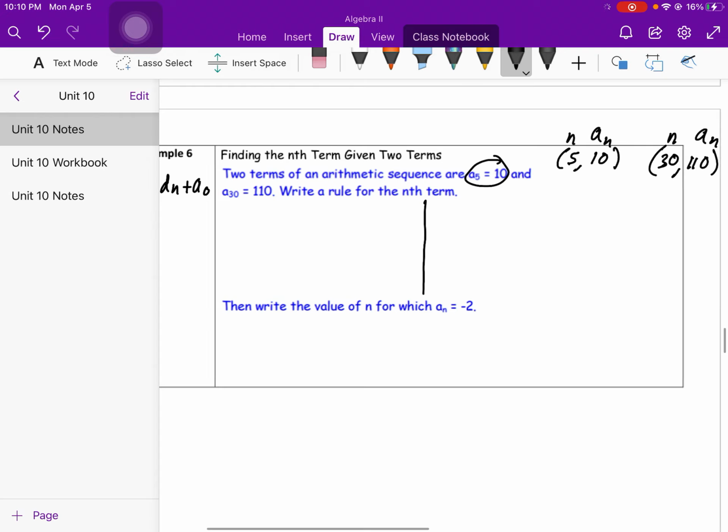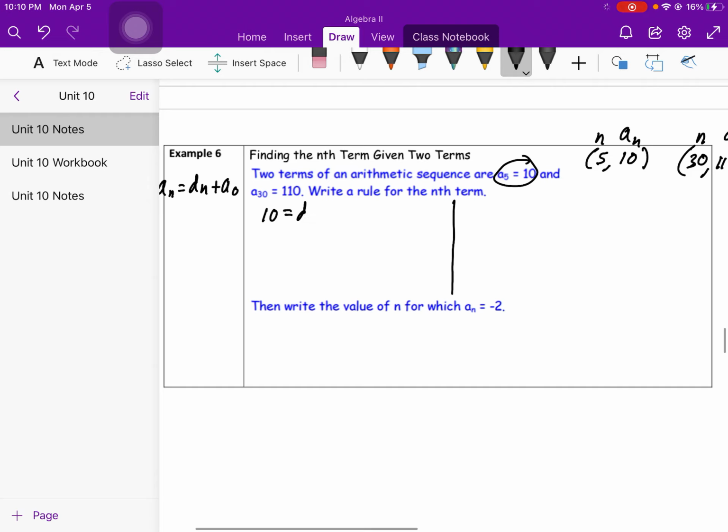So then on the left side, we're going to get 10 equals, don't know what the difference is. That was 10. And then this is times 5 plus a of 0. And with this one, you're always going to want to solve for a of 0. So we are going to subtract 5d, which is what we would get if we put those together.